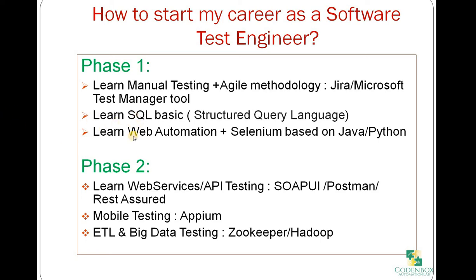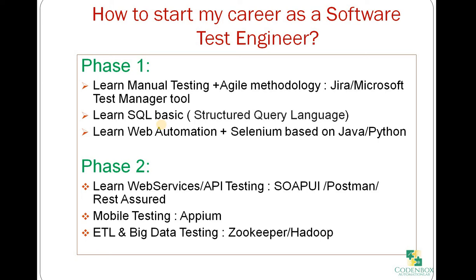Next is learn web automation, Selenium web automation or UI automation. Nowadays, even if you are going to be a junior test engineer or just a test engineer, the industry still wants you to have some automation experience or knowledge, specifically web or UI level automation.